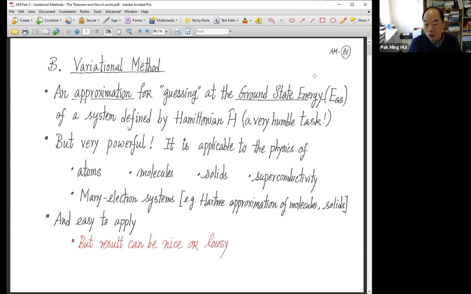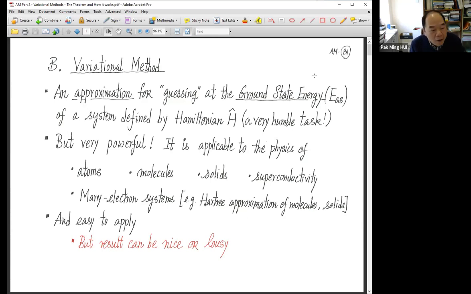We don't want to solve the whole Schrödinger problem, meaning we don't want to solve for all possible allowed energies. Our humble task is the first point. We want to make an approximation that can guess at the ground state energy of a quantum problem.